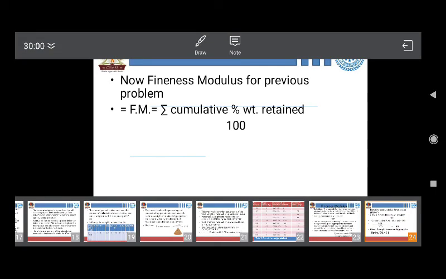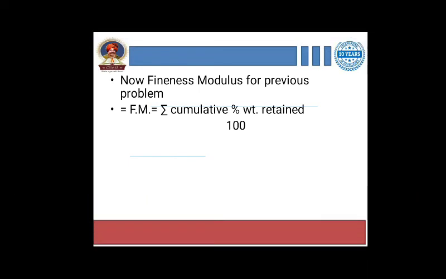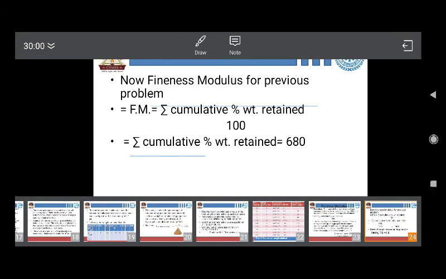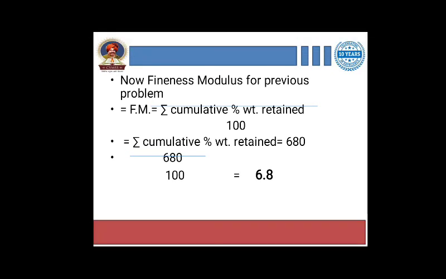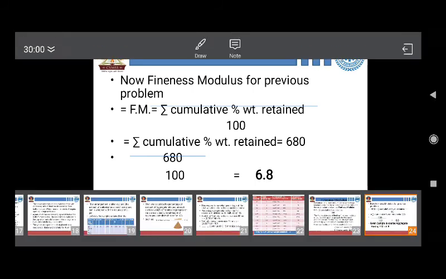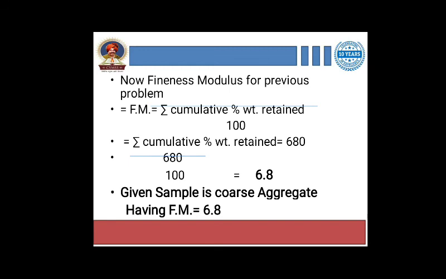The total cumulative percent weight retained is 680, divided by 100, it will be 6.8. Now the given sample is coarse aggregate having fineness modulus 6.8, right?